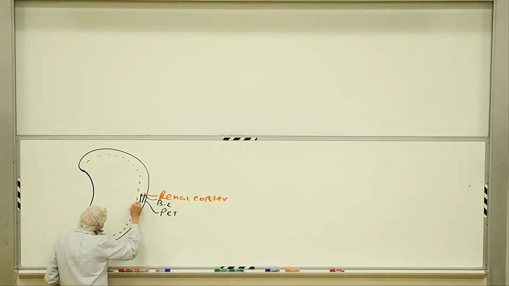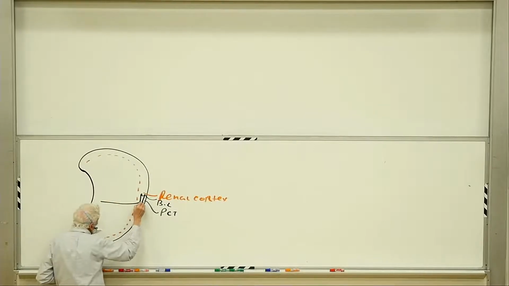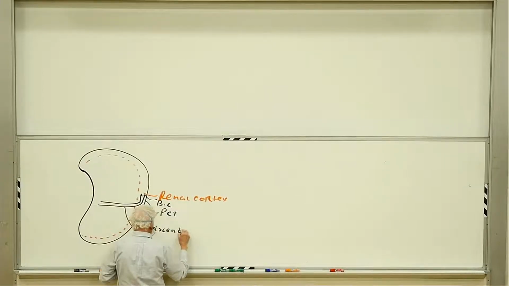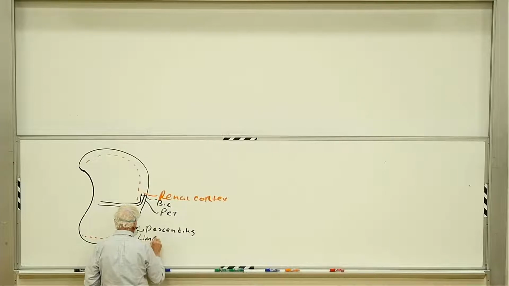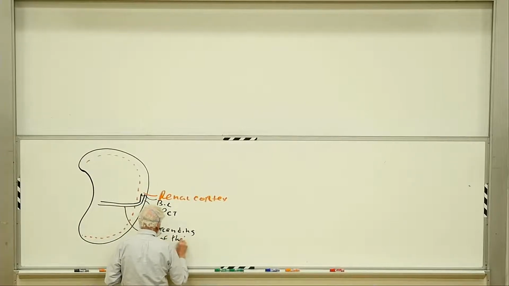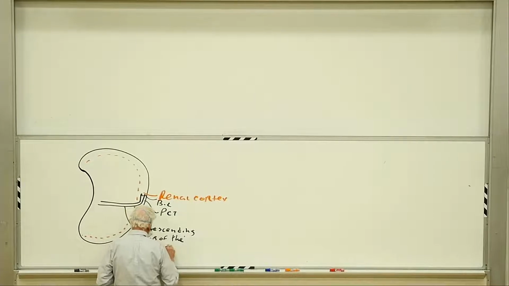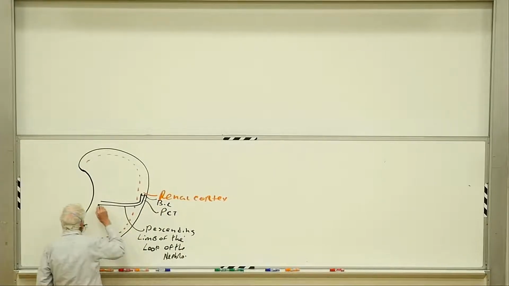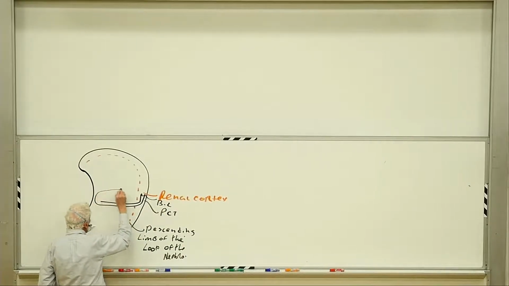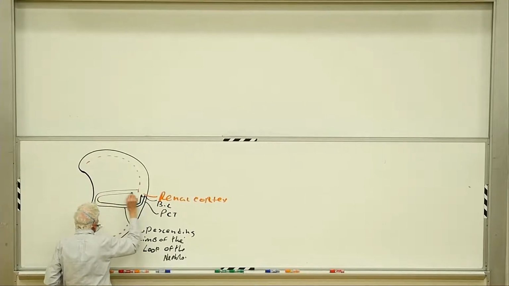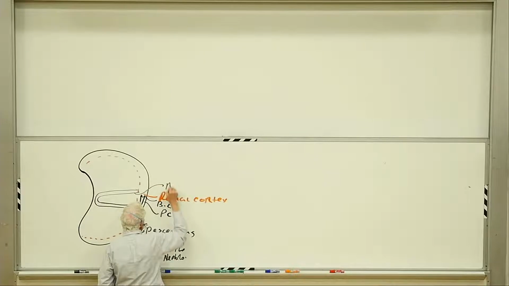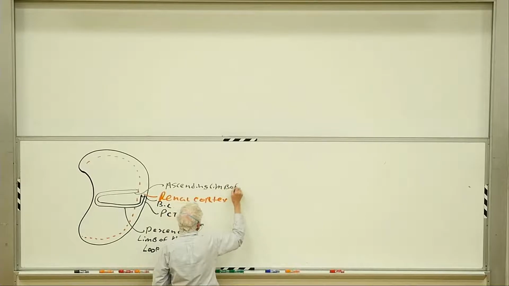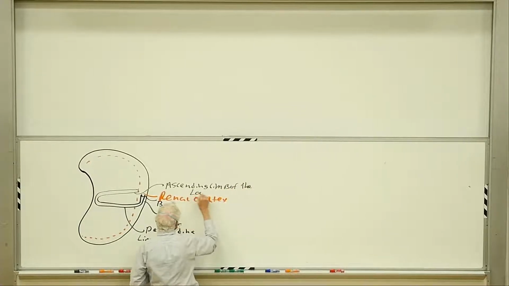And that then gave rise to a set of epithelial cells which formed this tube called the descending limb of the loop of the nephron. This goes down around the hairpin turn, and this forms the structure known as the ascending limb of the loop of the nephron.